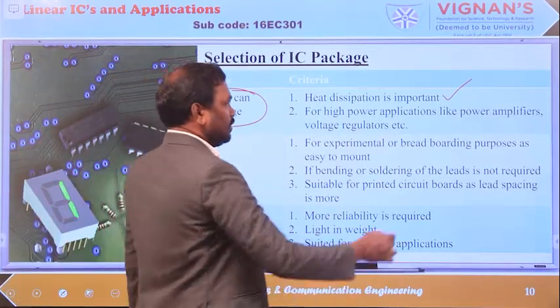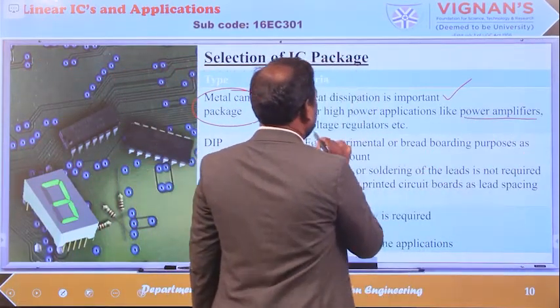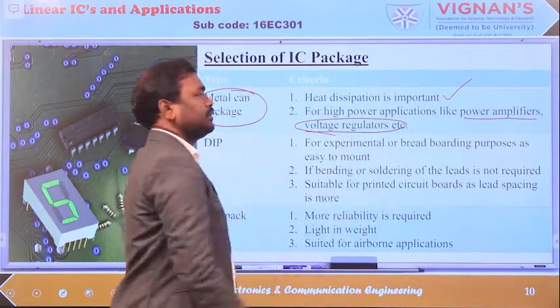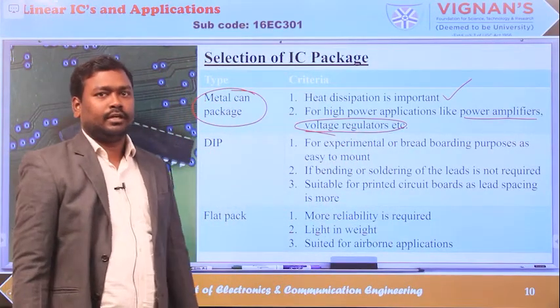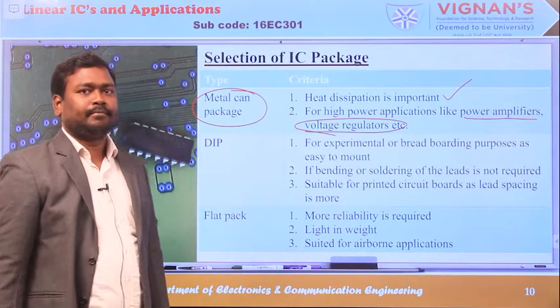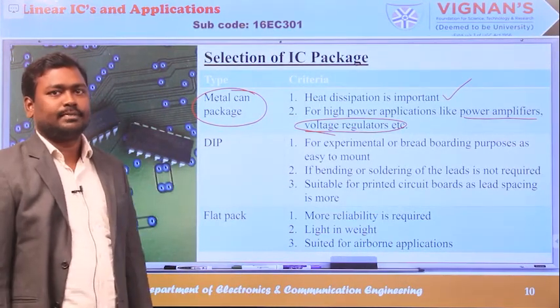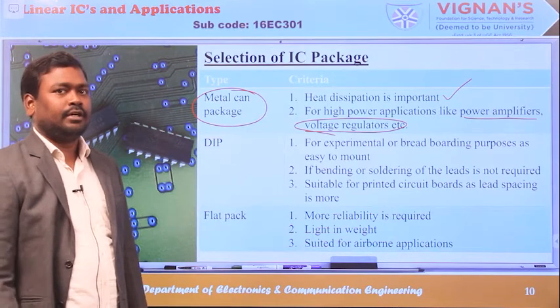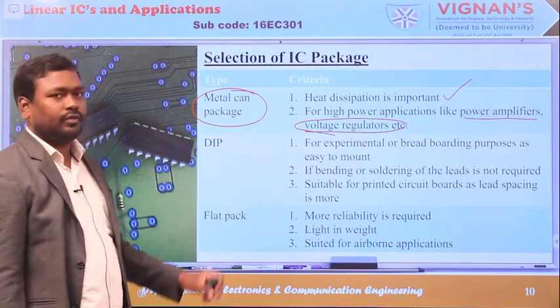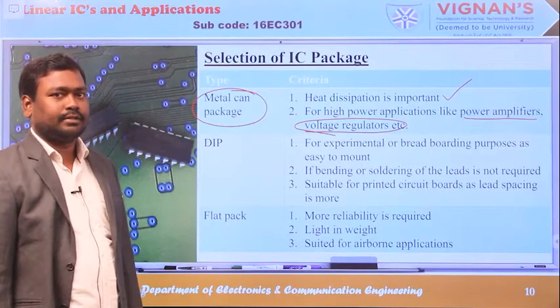Those are power amplifiers, voltage regulators, etc. If you see the power amplifier IC, it gives more heat dissipation. So in that case we go for the metal can package.